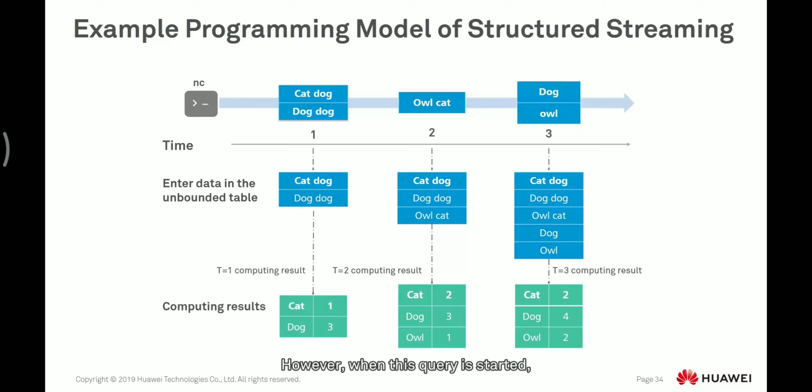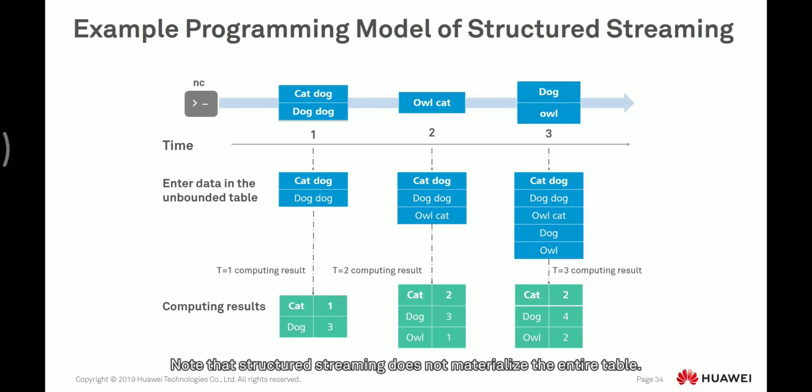However, when this query is started, Spark will continuously check for new data from the socket connection. If there is new data, Spark will run an incremental query that combines the previous running counts with the new data to compute updated counts, as shown here.